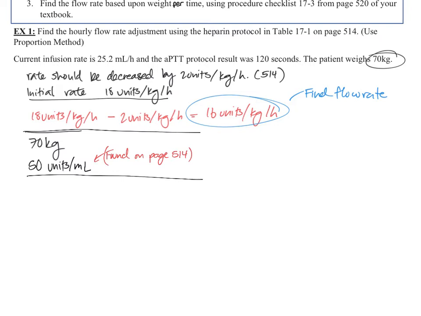The weight is 70 kilograms times the desired dose, 16 units per kilogram per hour. We can go ahead and cancel out the kilogram units. And this simplifies out to 1,120 units per hour. Alright, so we have found D, the desired dose.